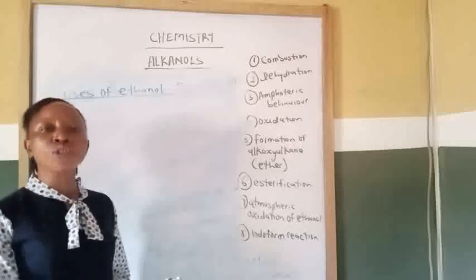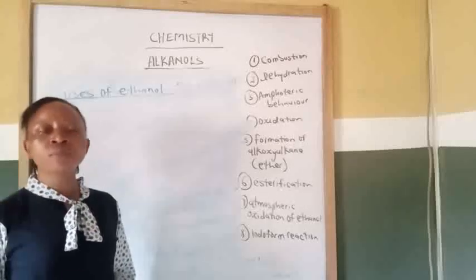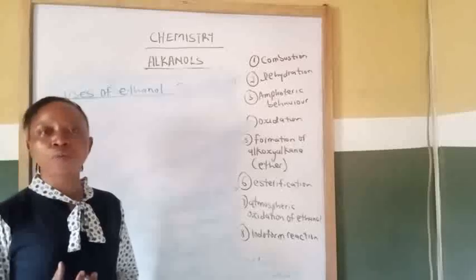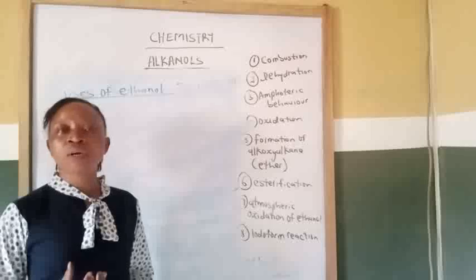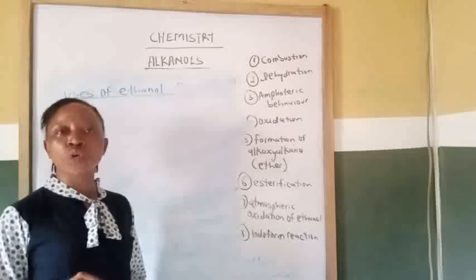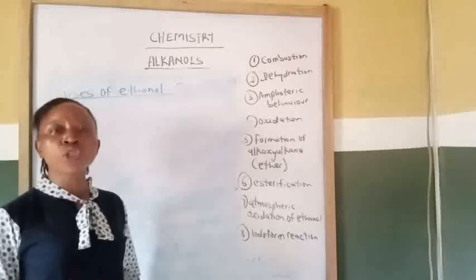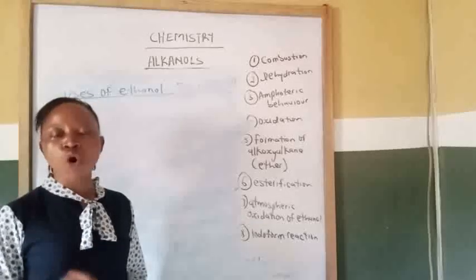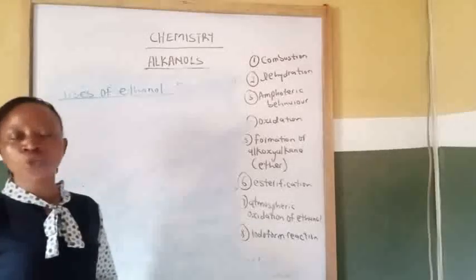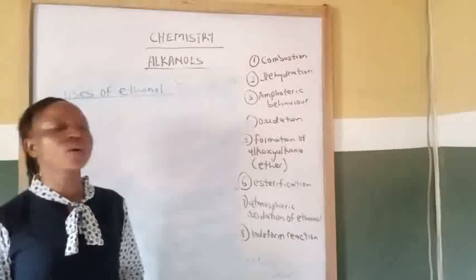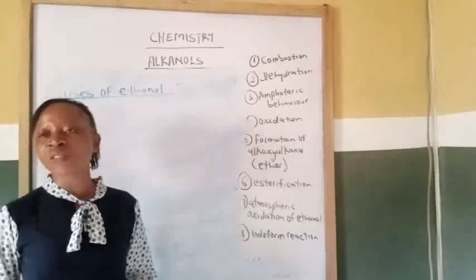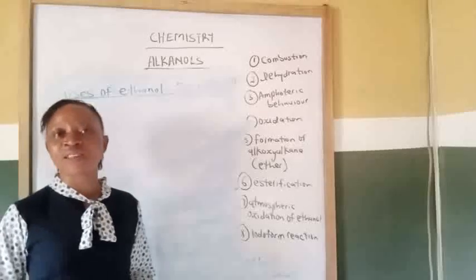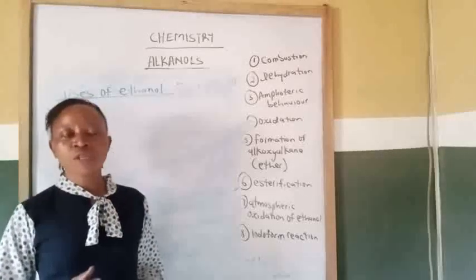So ethanol will withdraw water from the cell membrane, and since it is a hypertonic solution, it will be too concentrated for microorganisms to survive. That is why ethanol is used in preservation of food.